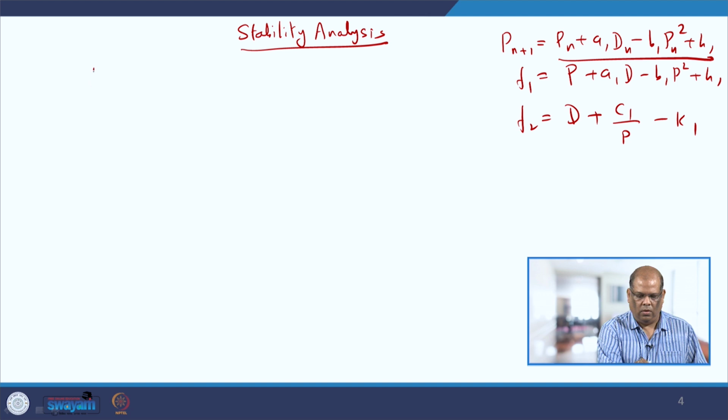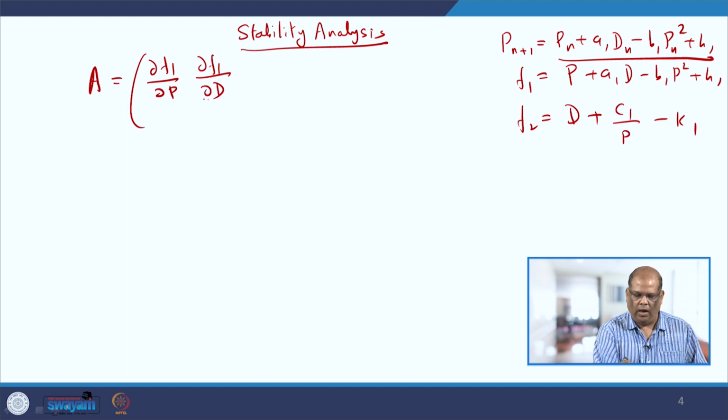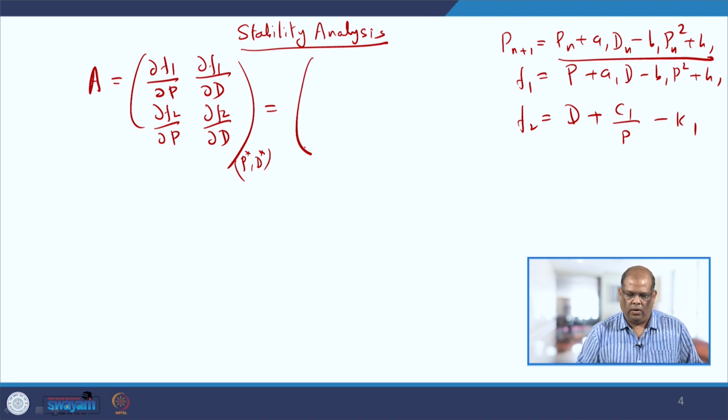So your Jacobian matrix will be del f1 del p, del f1 del d, del f2 del p, and del f2 del d, at the point p star, d star. If I do that, del f1 del p is 1 minus 2 b1 p, del f1 del d is a1, del f2 del p is minus c1 by p square, and del f2 del d is 1.